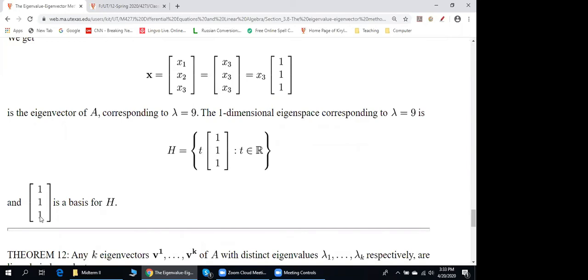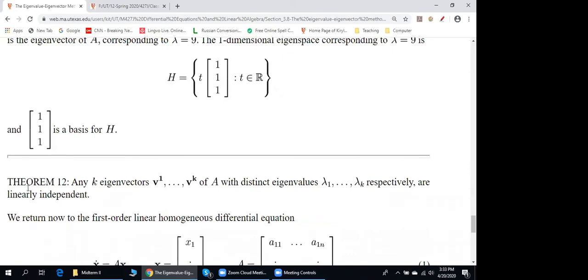Okay, and now let me address the following question. Simple question, why care about eigenvalues and eigenvectors? First of all, let me start with theorem 12. Theorem 12 says that any k eigenvectors v1 and so on vk with distinct eigenvalues lambda 1 and so on lambda k are linearly independent.